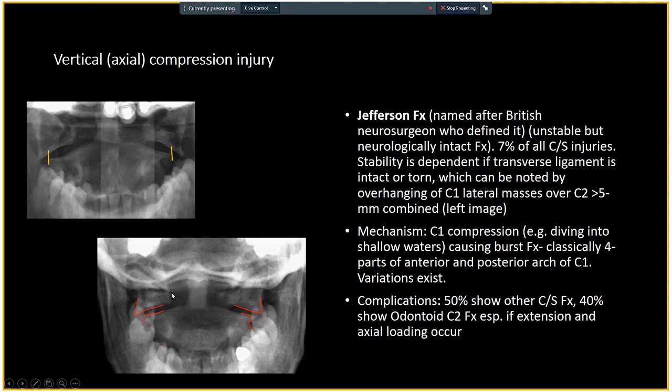Now, the key feature to understand: if you measure this distance from the C1 articular mass to C2, and if that distance combined exceeds 5 or 6 millimeters, that usually indicates on X-ray disruption or tearing of the transverse ligament of C1, which necessitates different care. So usually it's treated with hard collar if the transverse ligament is intact, and with halo brace if the transverse ligament is torn. But like I said, CT scanning is essential for diagnosis.